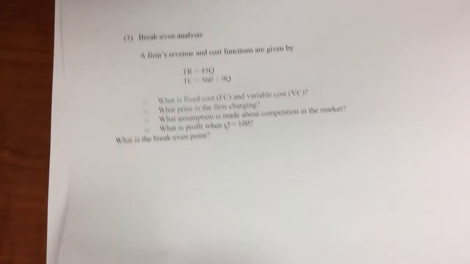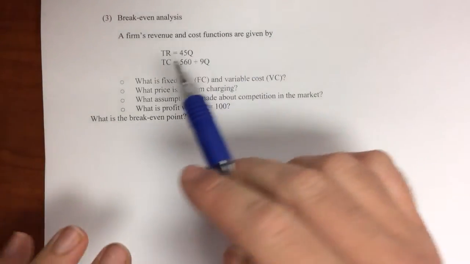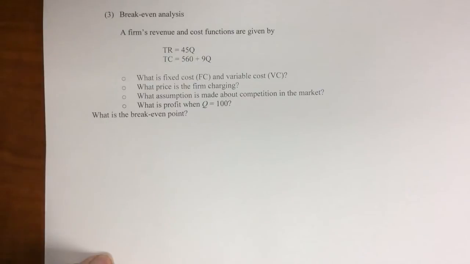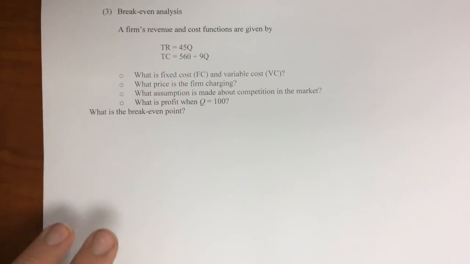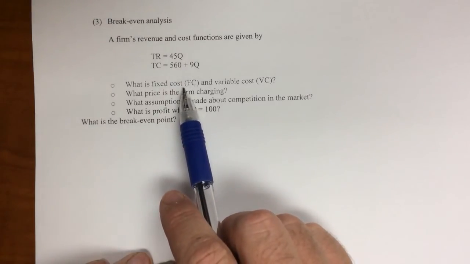Now to take that a next step to look at a break-even analysis. Here we have a firm's revenue and cost function. Total revenue equals 45Q and total cost is 560 plus 9Q. Now we're going to test a little bit of our economic knowledge to understand what is fixed cost and what is variable cost. A fixed cost is a cost that you incur regardless of how much quantity you produce.